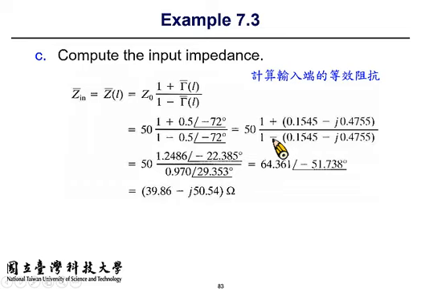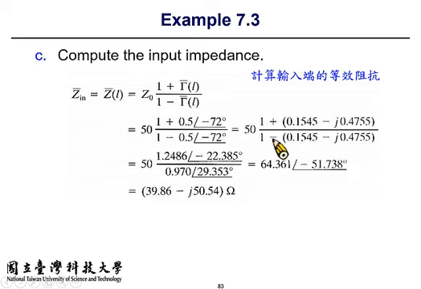Okay, once you have the reflection coefficient, we can calculate the input impedance at the left end. Again, using the formula, you substitute the number for Gamma L, and you are supposed to use your calculator to find the input impedance observed at the generator side, which is about 40 minus 50j.